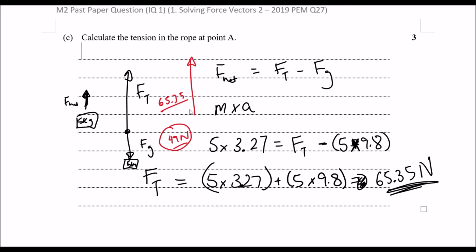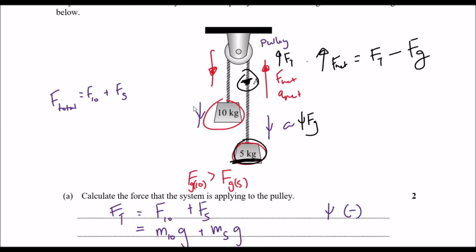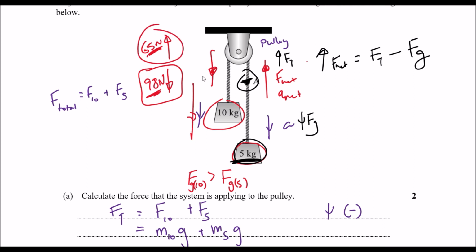Another way we can make sure that we've got the correct tension force is to analyze our 10 kg mass. So 65 approximately, pulling it up. The amount of weight force pulling it down for the 10 kg mass is 98 newtons. So that matches the analysis, okay? The tension force isn't as large on this side, and that's why the 10 kg mass will fall down.